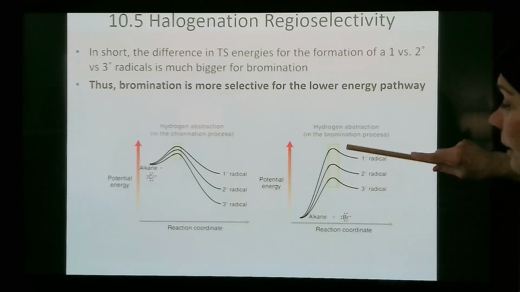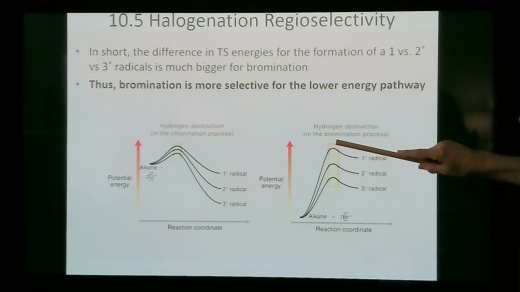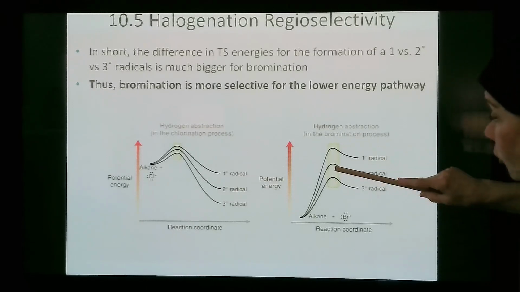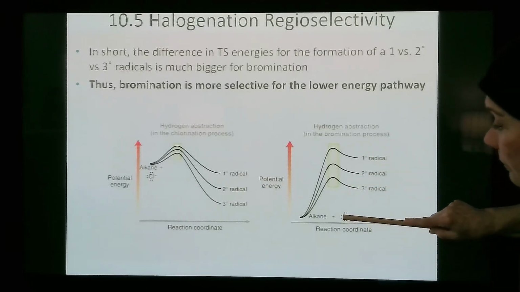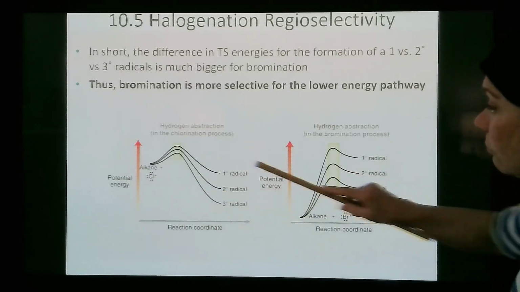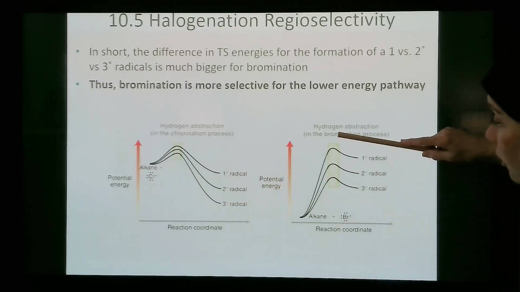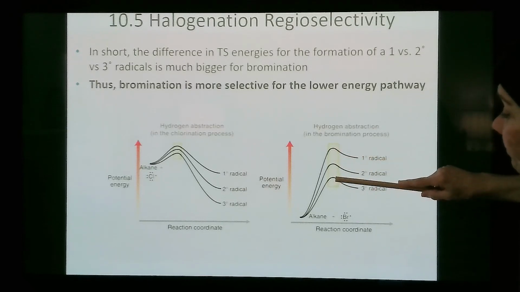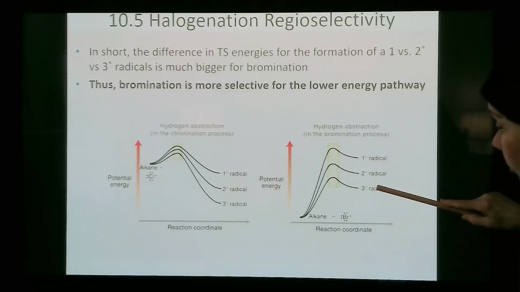However, over here, energetically, this is bromination. Here you see the bromine. There's chlorine over there. So chlorination, bromination. Here you see a good spread in the transition states leading to the products.